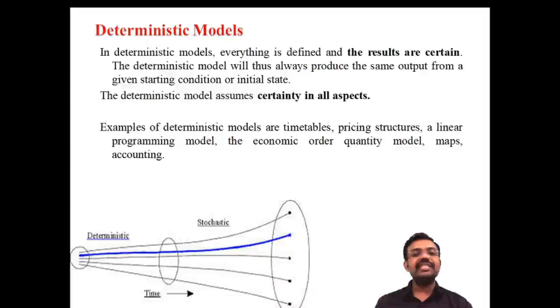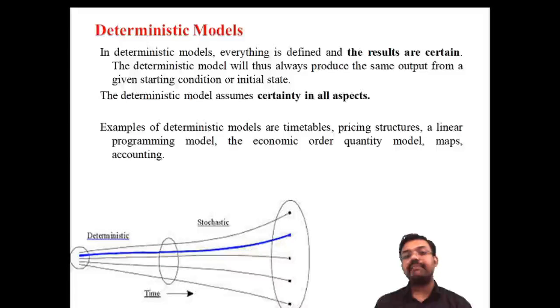For example, take tomorrow's timetable. Suppose you are giving the timetable to the students. Tomorrow's timetable is always certain. So timetables are an example of the deterministic model. A pricing structure, linear programming model, economic order quantity, that means EOQ, and mathematical accounting are also deterministic models. There is certainty.